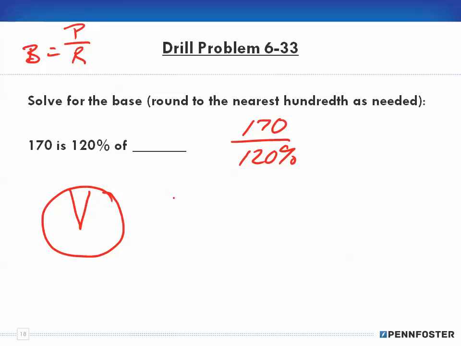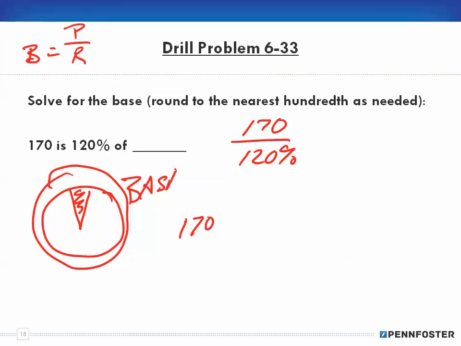I think this is where a lot of students can be a little confused: if my portion is 170, and that's just a piece of the whole, and I want to call my whole the base, it would kind of make sense that the base would be a number greater than the 170, right?